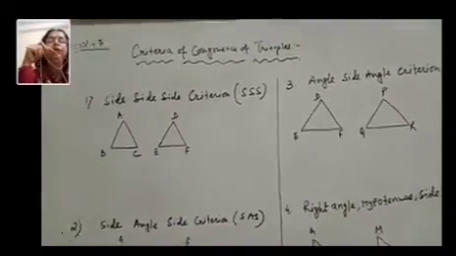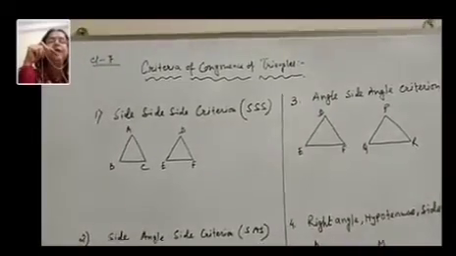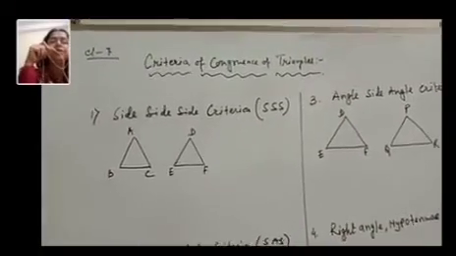The first one is the side criterion, that is SSS.